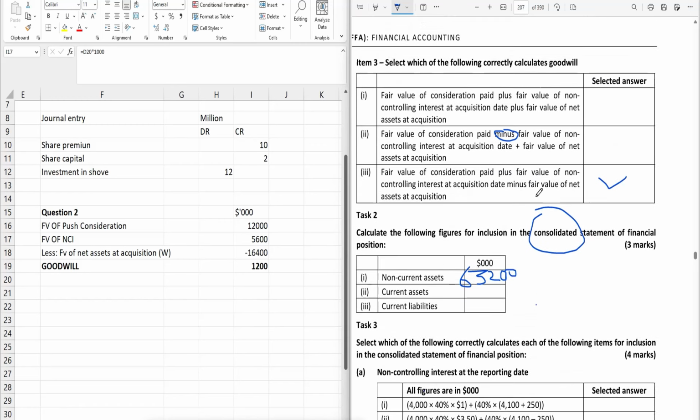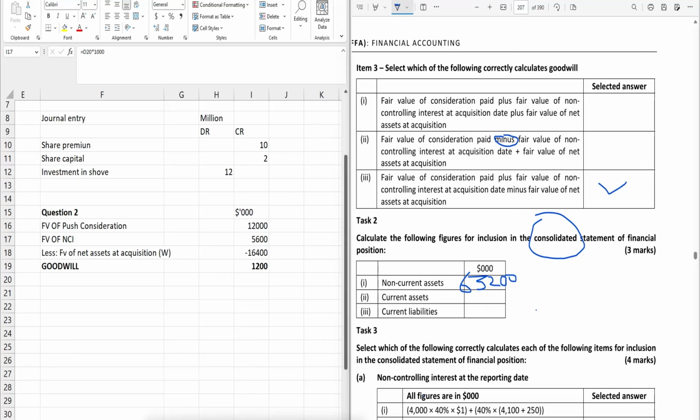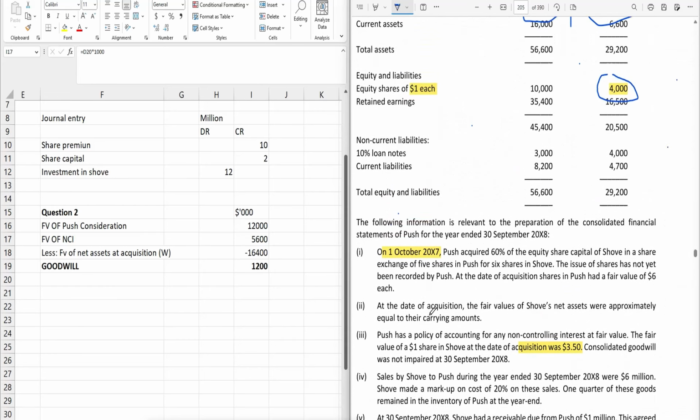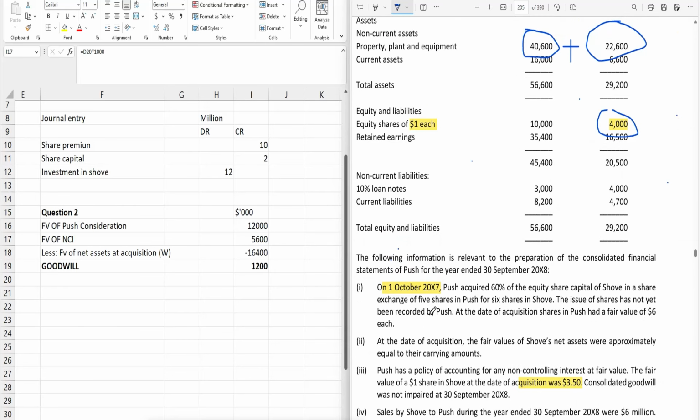Now for the current asset. See, in the consolidated statement of financial position, we add item line by line, but a few adjustments need to be done as well. Like I said, for the non-current asset we will do the adjustment for the revaluation, and for the current asset, again we will add 16,000 plus 6,600. But here we need to check whether there has been intra-group trading between these two companies or not. And why so?